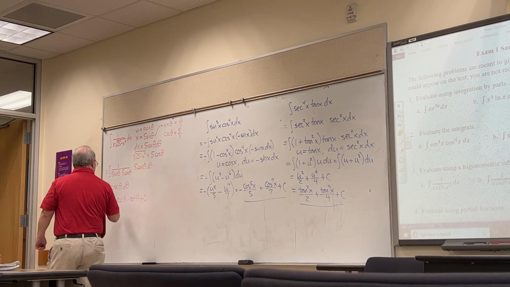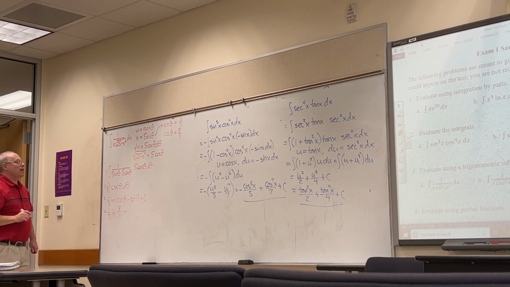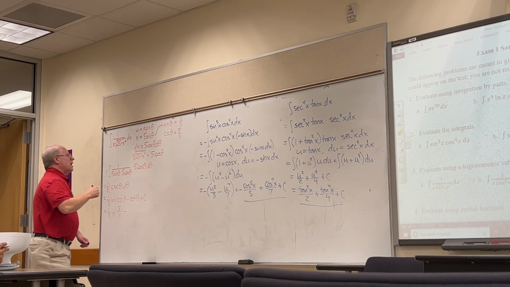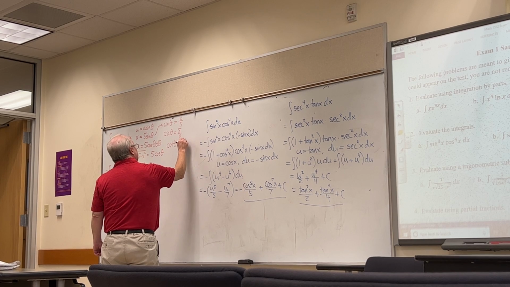So we have cosecant of theta is 5 over x. Now how do we get the cotangent of theta? It's not sine over cosine, right, it's cosine over sine.